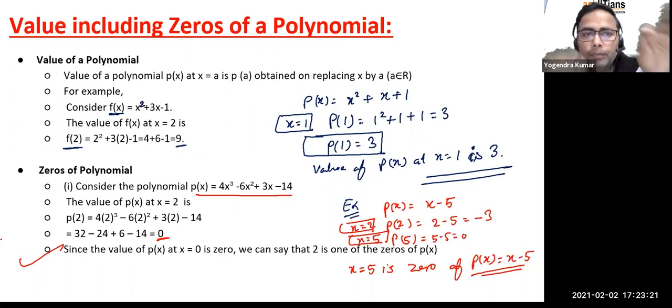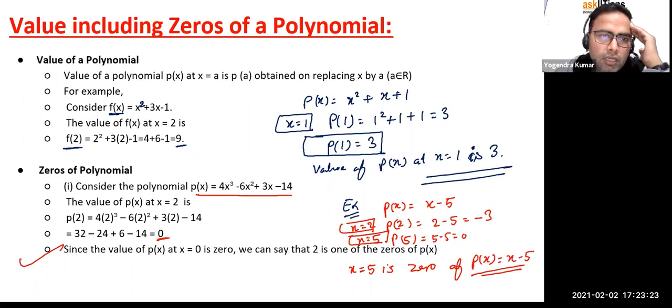Depending on x values we get f of x, so x is the independent variable and f of x is called the dependent variable. We can input any x value freely, but we are looking for those values which make the function 0. Those are called the zeros of that polynomial.